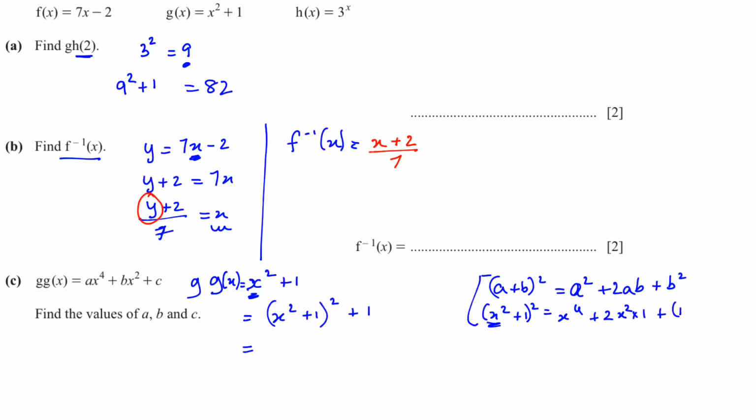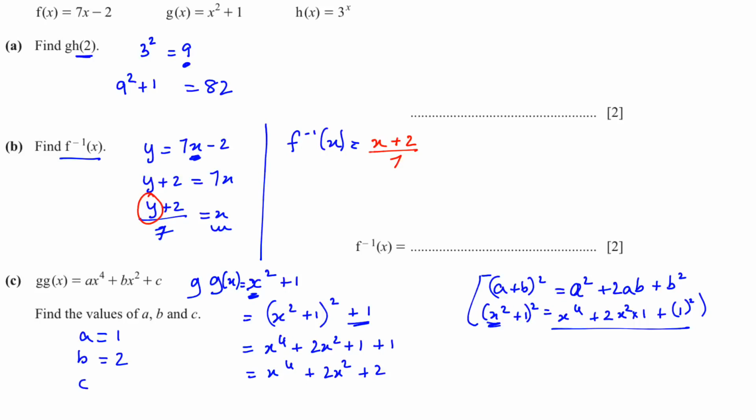So 1 squared is going to be 1. This, when you simplify, you will get x to the power of 4 plus 2x squared plus 1, plus this one. So x to the power of 4 plus 2x squared plus 2. You can see that your a is 1, b is 2, and c is 2.